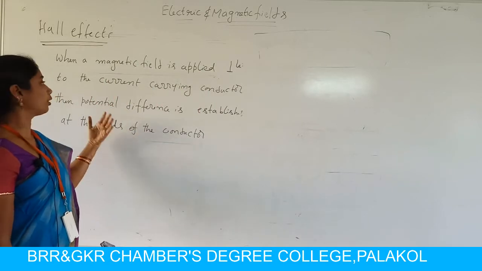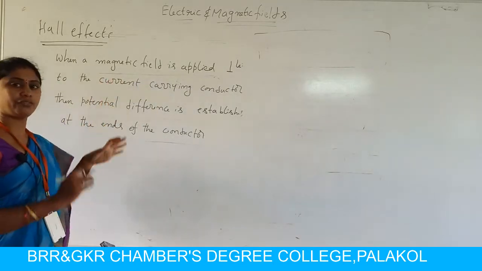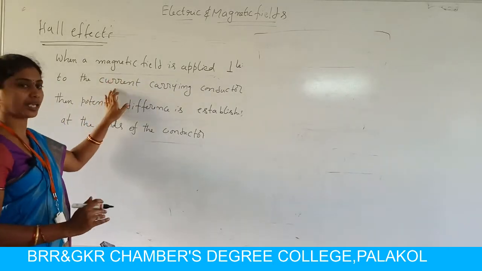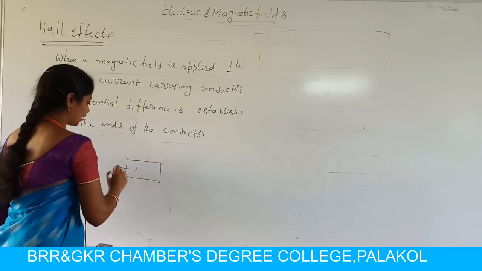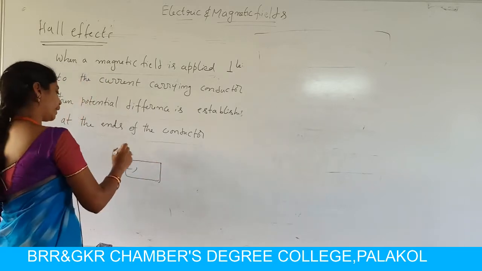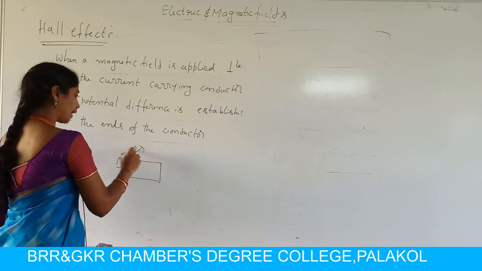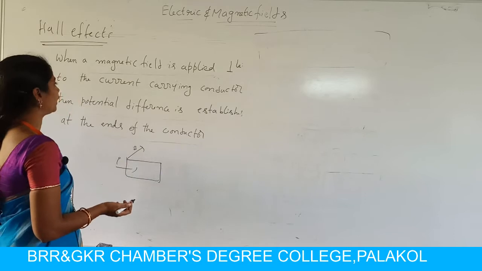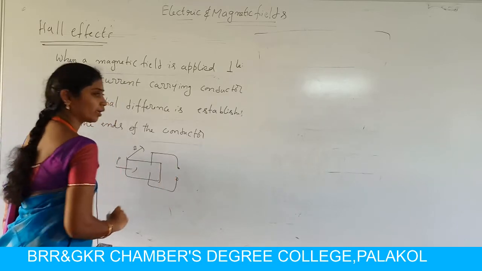I hope you follow this definition. According to Hall's definition, whenever a magnetic field is applied perpendicular to a current carrying conductor, we consider a current carrying conductor with current flowing in this direction. We apply a magnetic field perpendicular to it, and automatically a potential difference is developed at the ends of the conductor.